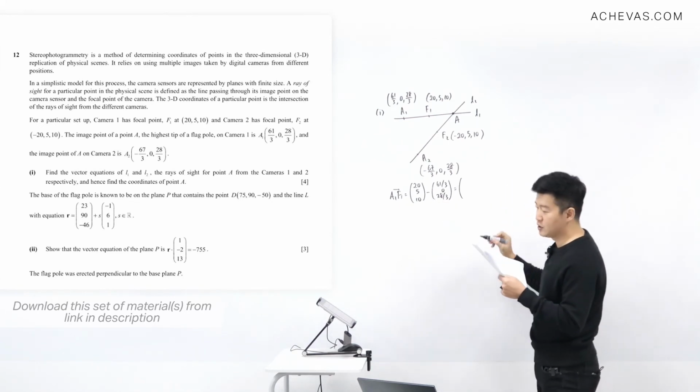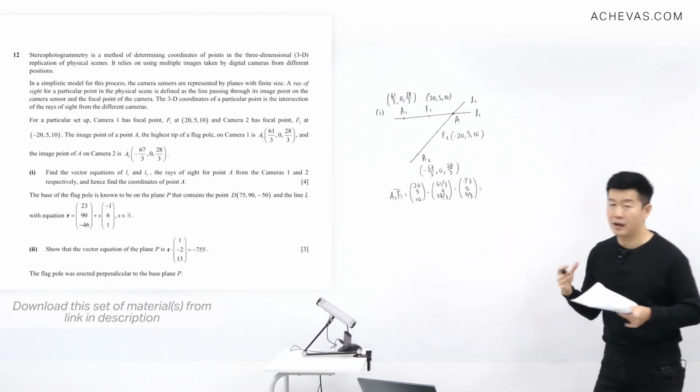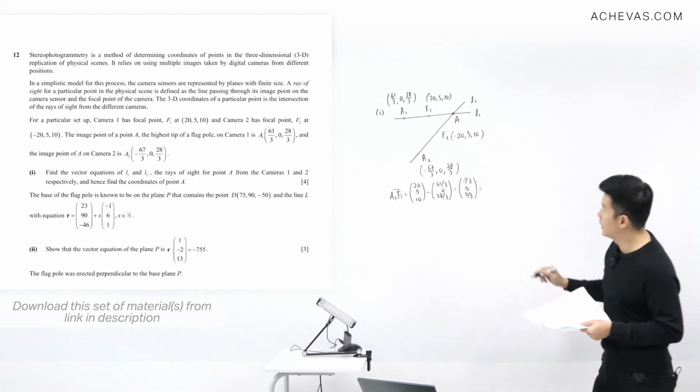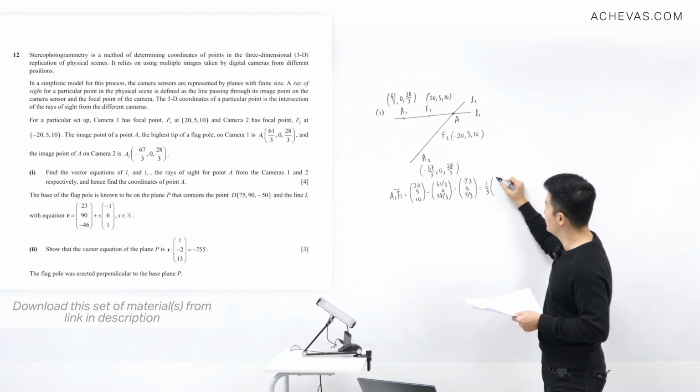So this is going to be equal to negative 1 over 3 and 5, and also here we will have a 2 over 3. And because we are taking A1F1 as a direction that is going to be parallel to L1, I'm going to try to factorize out 1 over 3, which will give me a negative 1 over here. This is going to give me a 15.